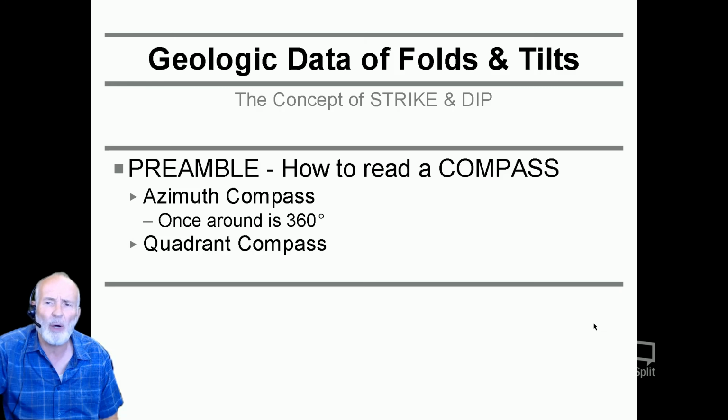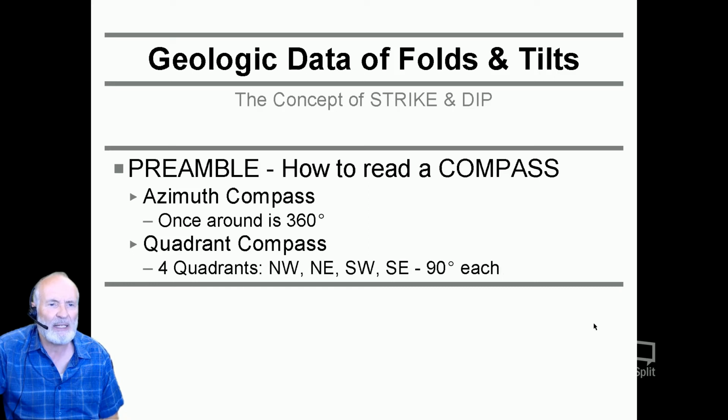The other one is a quadrant compass, and it is subdivided into 4 quadrants of 90 degrees each: the northwest quadrant, the northeast quadrant, the southwest quadrant, and the southeast quadrant. These are the two scales that are often used in compass or transit applications.